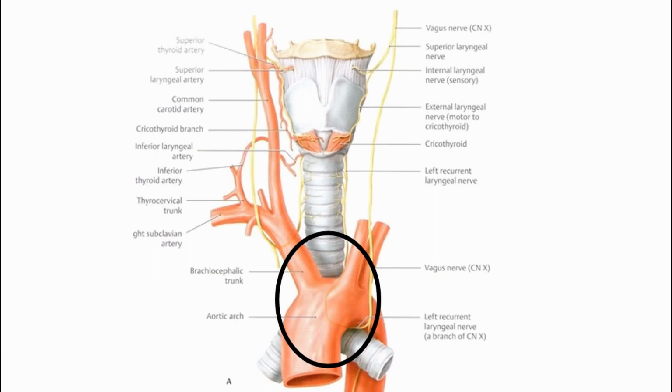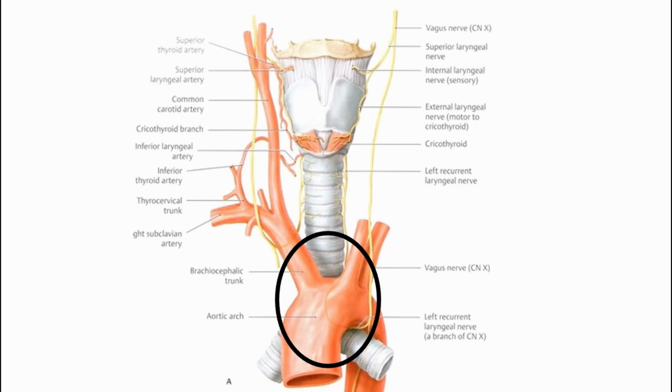Here is a slide showing the larynx superiorly, then the trachea, and as the trachea comes down into the superior mediastinum, we see the major great vessels of the heart and the arch of the aorta with its main branches.